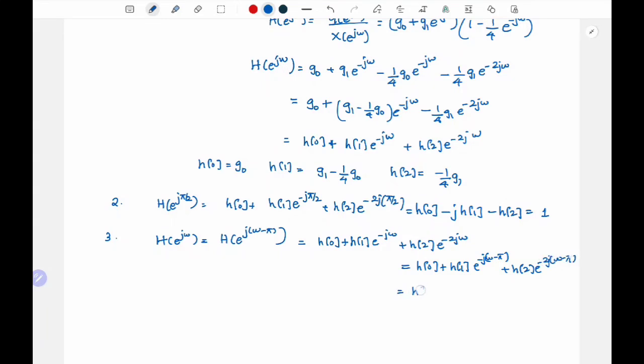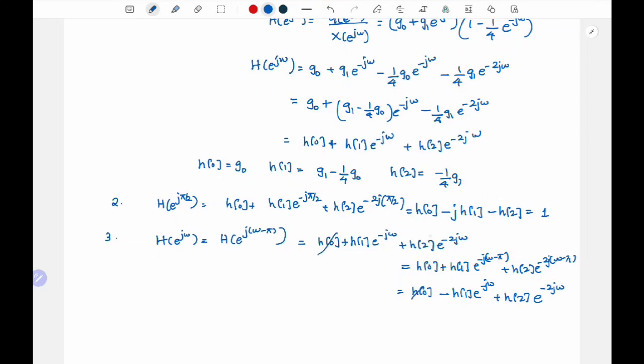So this is nothing but h of 0 plus h of 1 e^{-j omega} into e^{j pi}, which gives me a minus sign, and here I'll get plus h of 2 e^{-2j omega} e^{j 2 pi}. So 2 pi is not going to alter anything, it's going to be equal to 1, so I'll just have e^{-2j omega}.